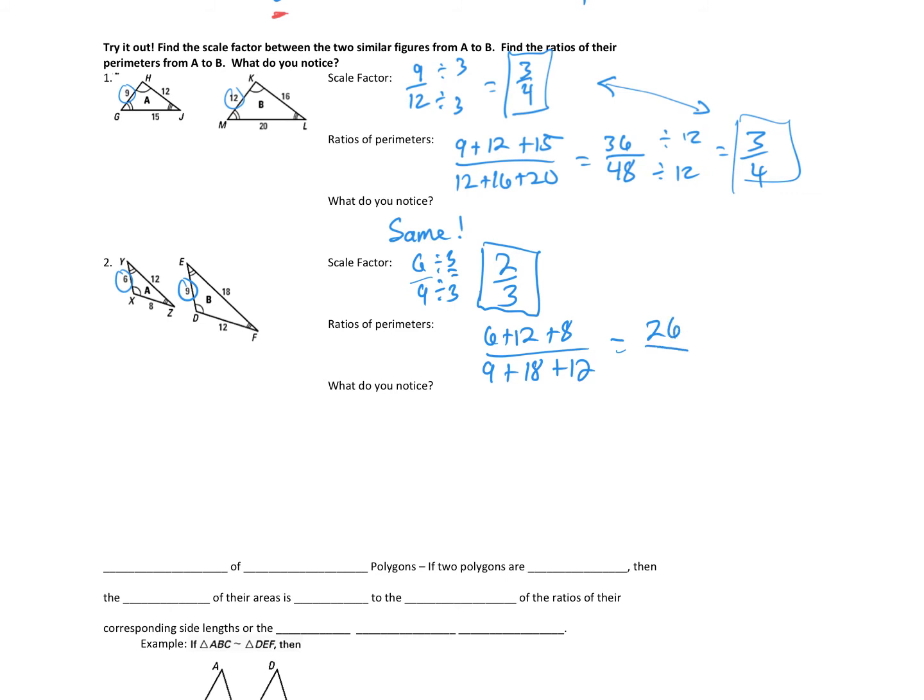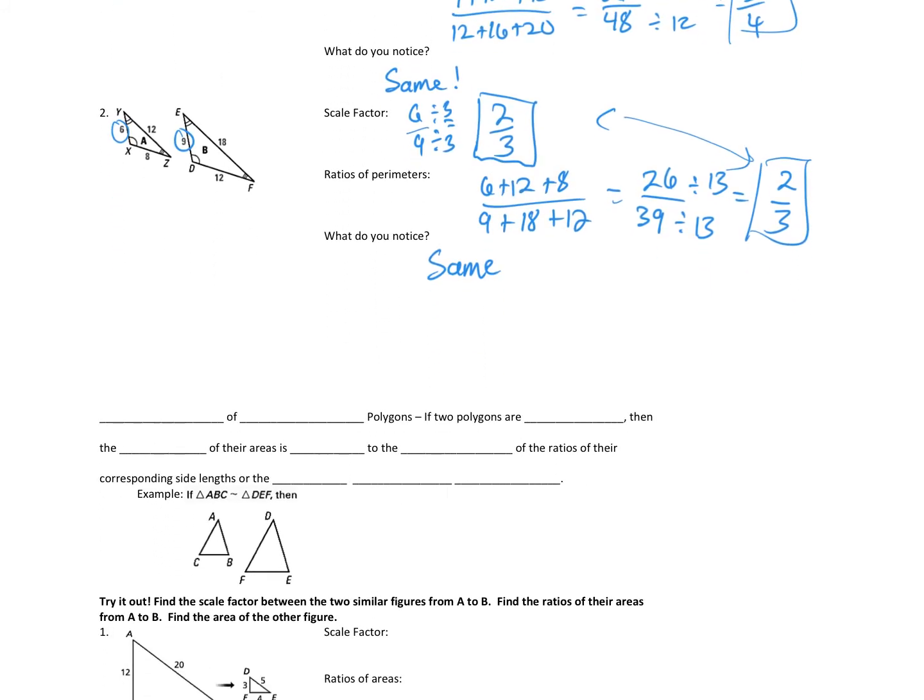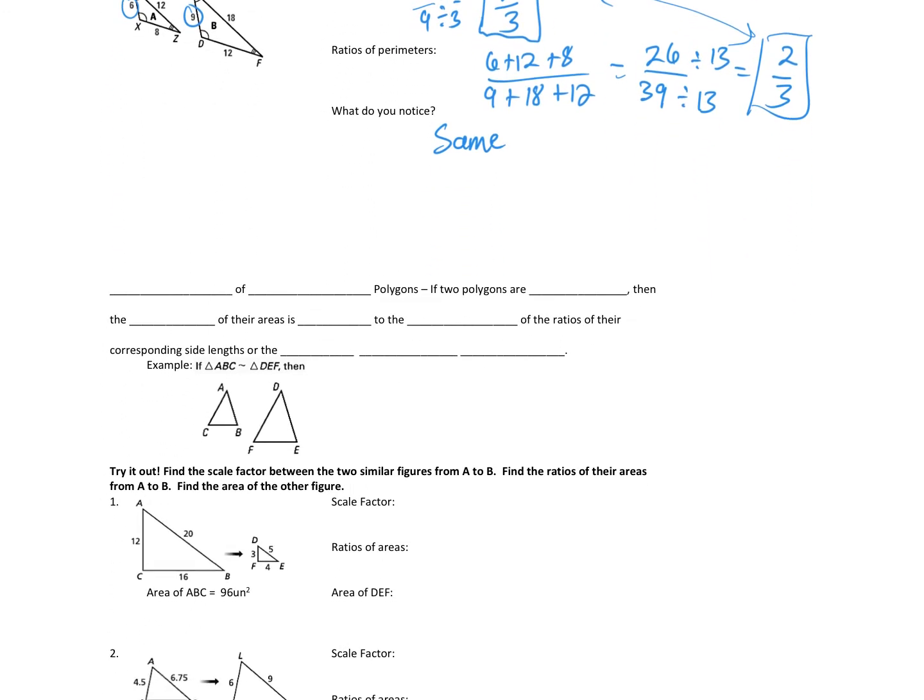And 9 plus 18 plus 12 is 39. Ooh, these are a little bit more. If I divide both by 13, this gives me 2 over 3. Notice this is the same. Once again, proving that the ratio of the perimeters and my scale factors are the same.